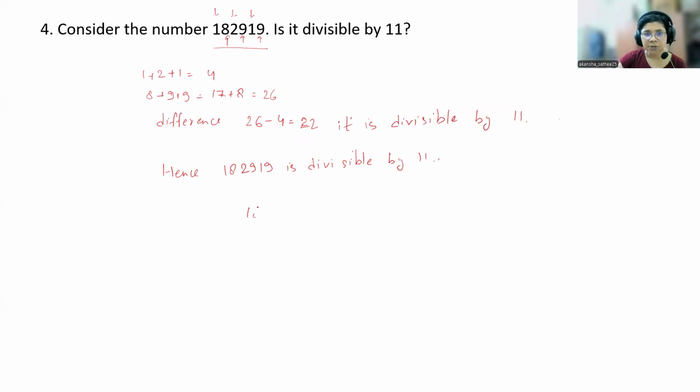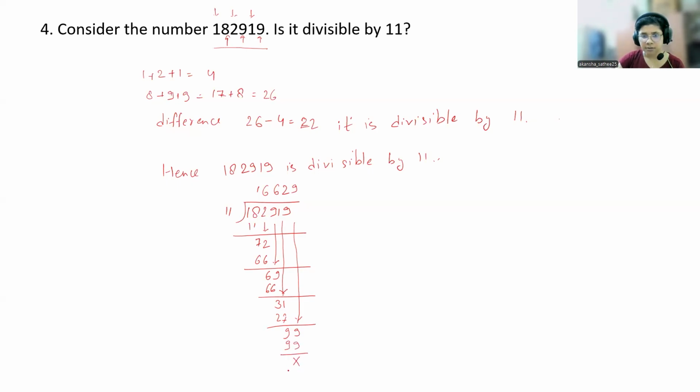Just check this. Let me do it for you quickly. With 11, 1, you will have 7, take this 2 down, 66, if you take the difference, it is 6, take 9 down, again 66, just check the calculation, difference is 3, take 1 down, 22, and it is 9, take 9 down, it is actually divisible by 11, isn't it? 99, khatam.